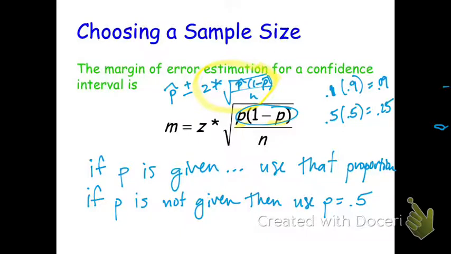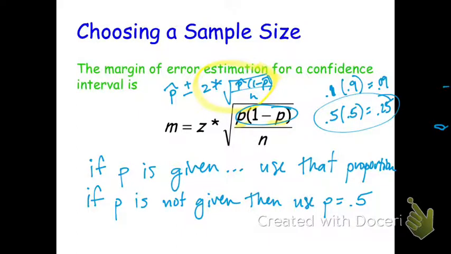So the largest possible combination of P times 1 minus P is 0.25. So if I'm trying to choose a minimum sample size and I don't know what my P is, my proportion, like they don't give it to me, then I'm going to be as conservative as possible and use the largest possible combination of 0.5.